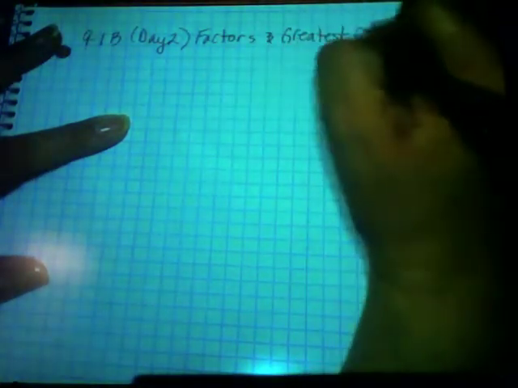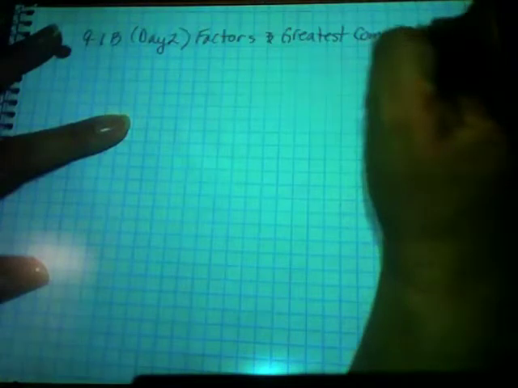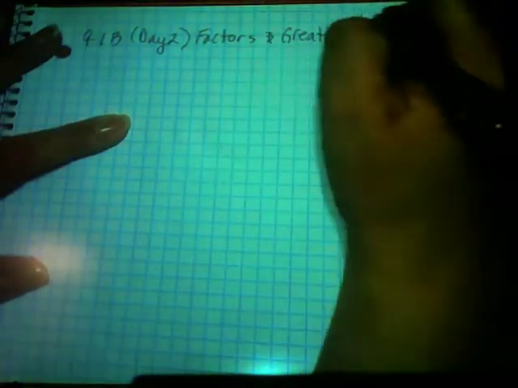And this is factors and greatest common factor. Remember, this is going to be called GCF. The one thing that we did not talk about on Friday was the greatest common factor. So we're going to spend most of our time today looking at that. So let's just review.